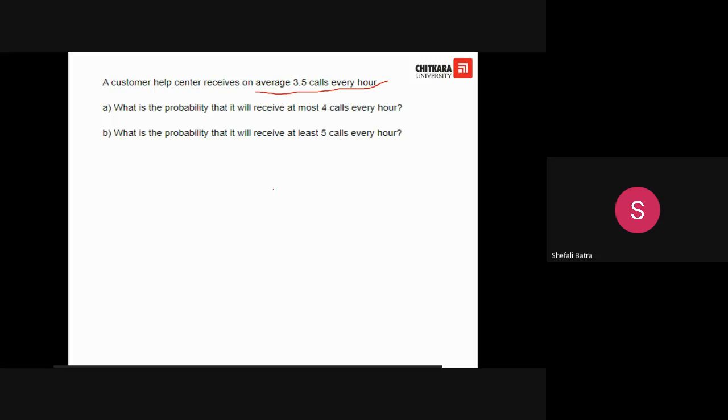So P x is equal to small x, whatever value we are assigning. The formula is e raised to power minus m into m raised to power x upon x factorial. Now you tell me, in the first part, we need to find out what?